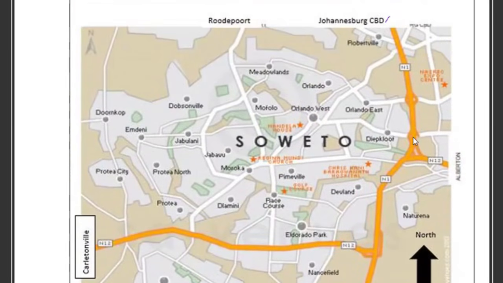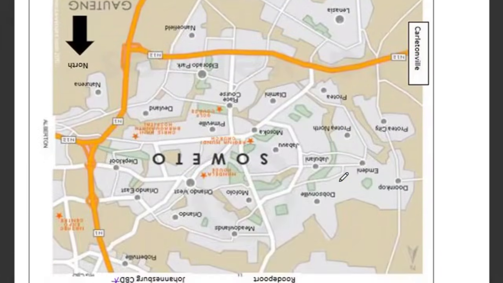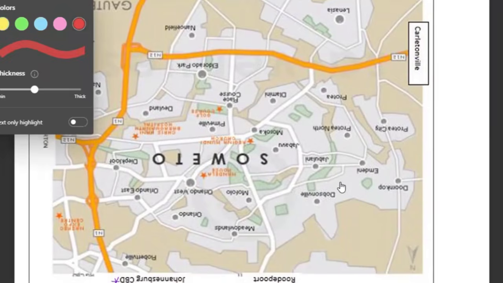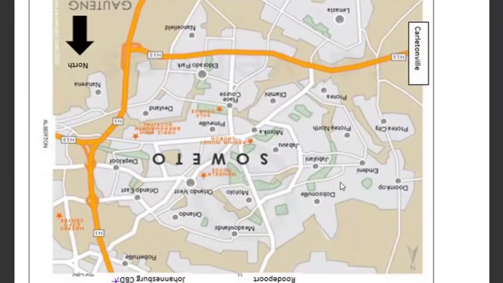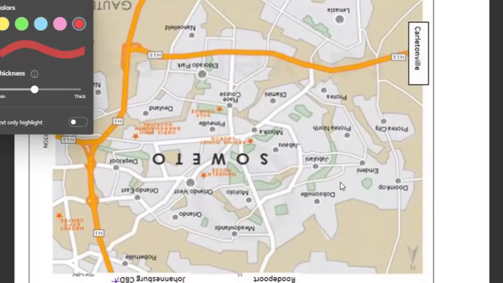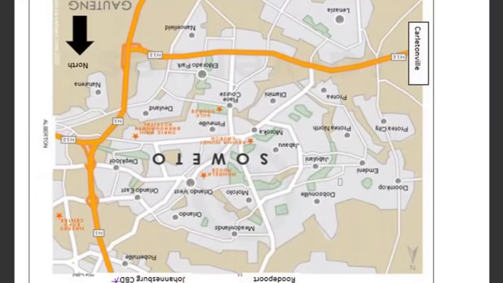The moment you get something like this, check where you're moving from. You're moving from this side. So you will turn your map and let the map face that. When you look at it nicely, it's Johannesburg CBD. So you're moving like this, you reach there, then you come this side like this.